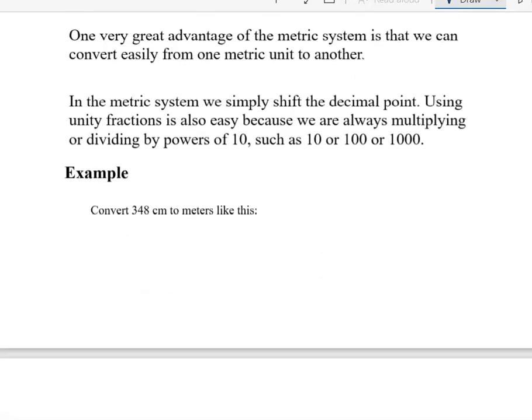So if we want to convert 348 centimeters to meters, we're starting out with 348 centimeters. I want to use the fact that there are 100 centimeters in 1 meter.